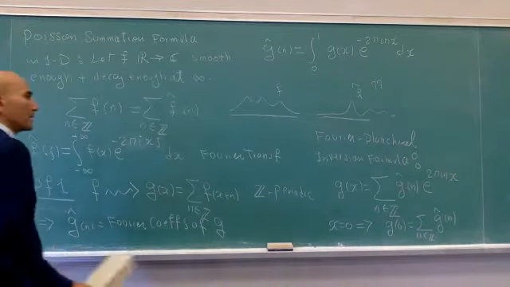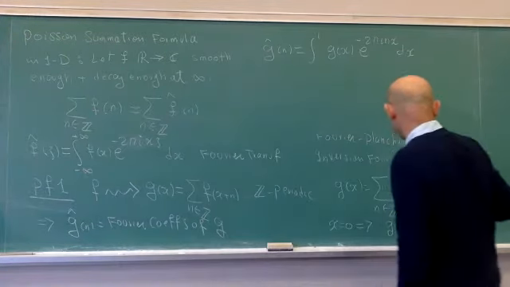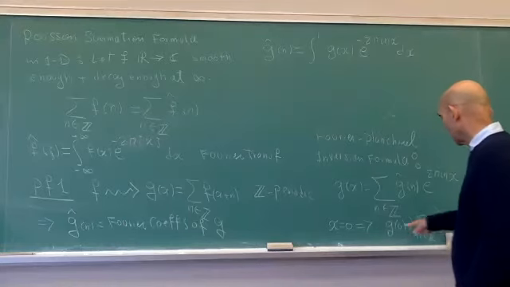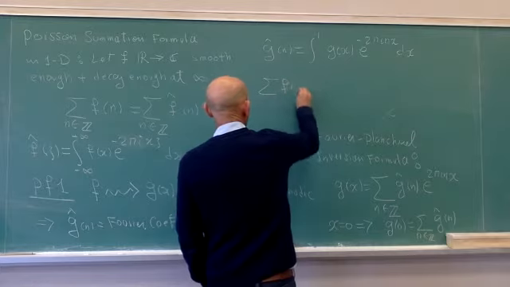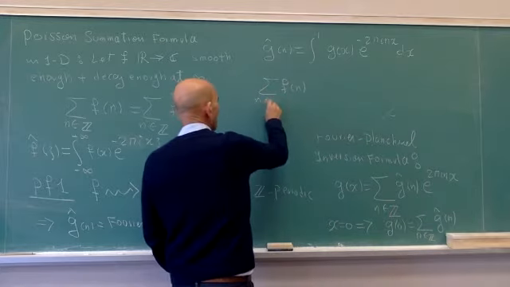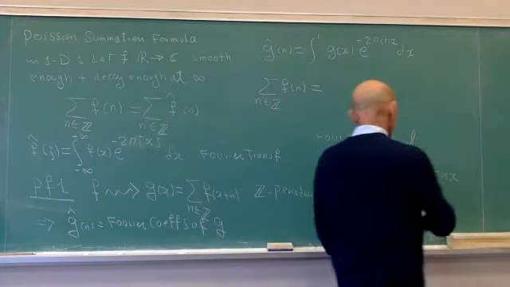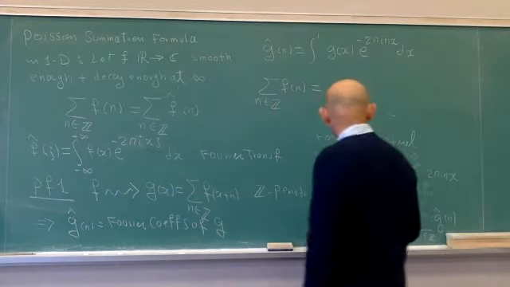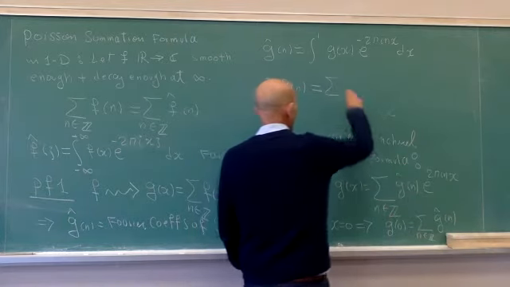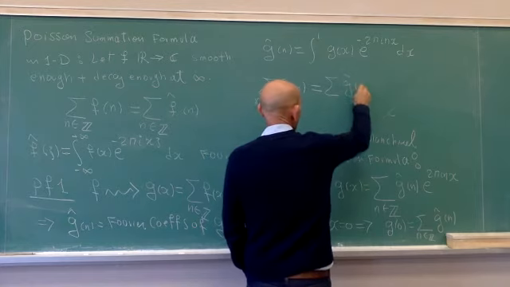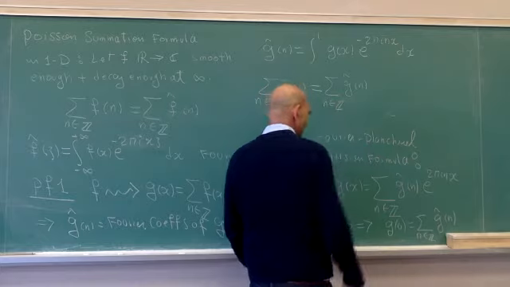So we get that indeed from here you get that the sum of f of n, n belonging to Z, is equal to the sum of g hat of n, n belonging to Z.